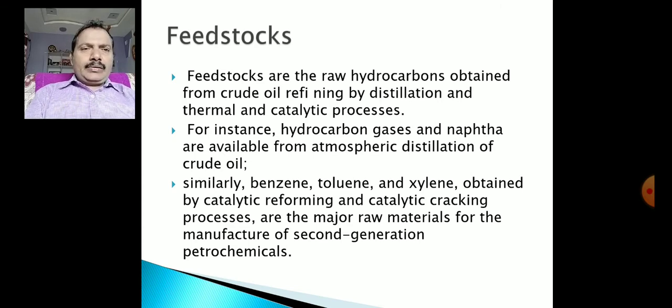These raw hydrocarbons, for example naphtha, are subjected to cracking. Similarly, benzene, toluene, and xylene obtained by catalytic reforming and catalytic cracking processes are the major raw materials for the manufacture of second generation petrochemicals.